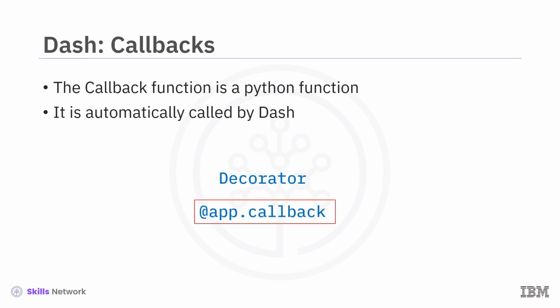Callback function is decorated with the @app.callback decorator. So what does this decorator tell Dash? Basically, whenever there's a change in the input component value, the callback function wrapped by the decorator is called, followed by the update to the output component children in the application layout.